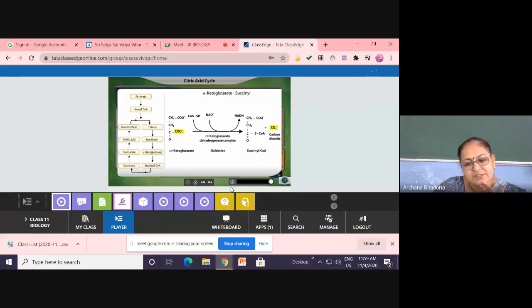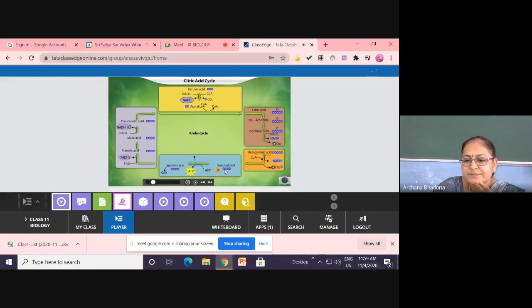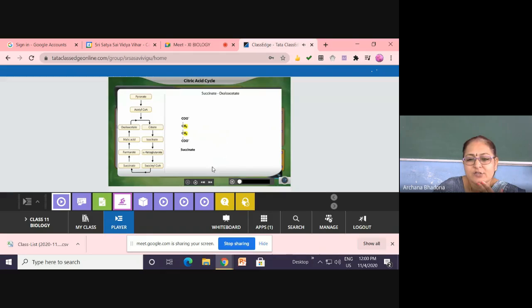Okay. So now again I'll take up the first stage of cellular respiration, the energy stored in the pyruvate molecule is extracted in the 5 stages of the Krebs cycle. Click a tab to learn more. Now this is the last one.